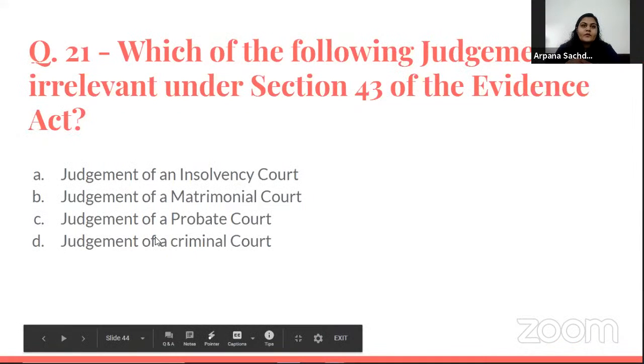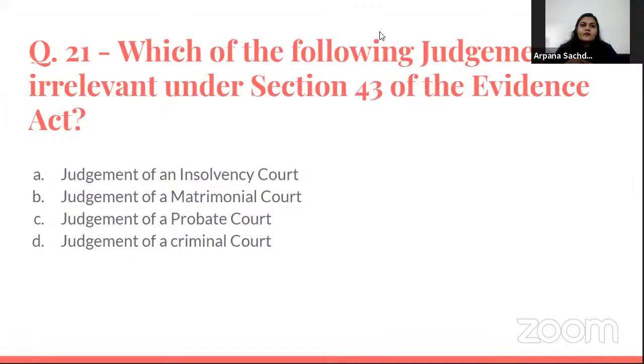Question number 21. Which of the following judgments is relevant under section 43 of the Indian Evidence Act? Judgment of an insolvency court, judgment of a matrimonial court, judgment of a probate court, or judgment of a criminal court?